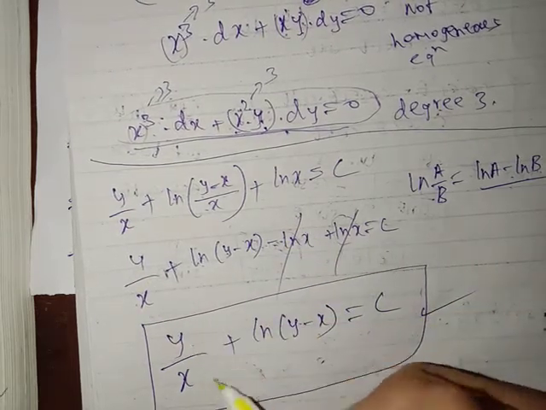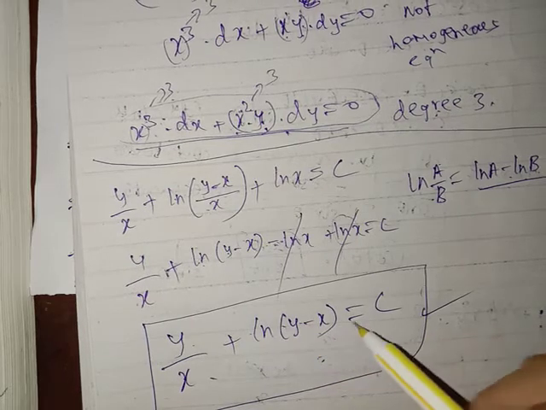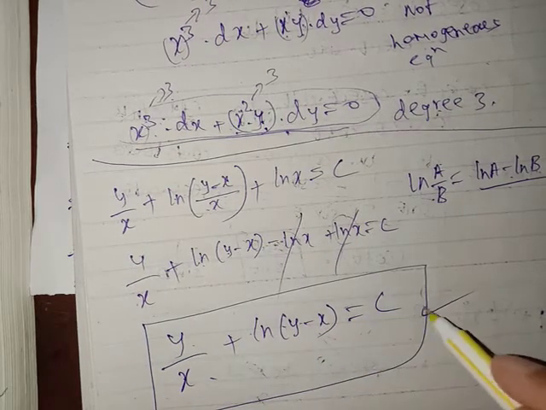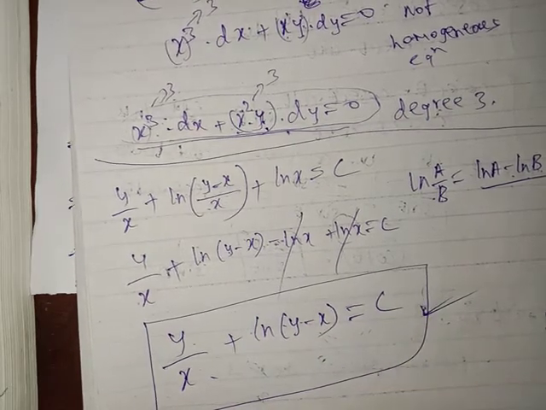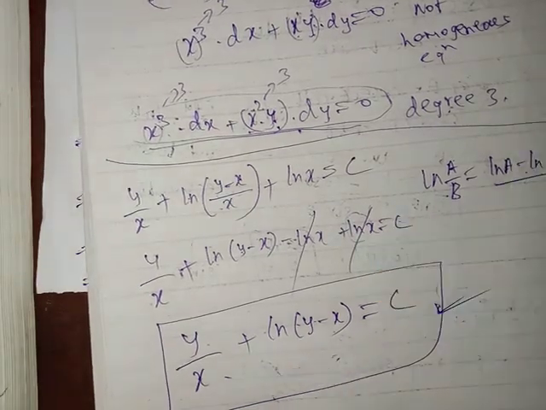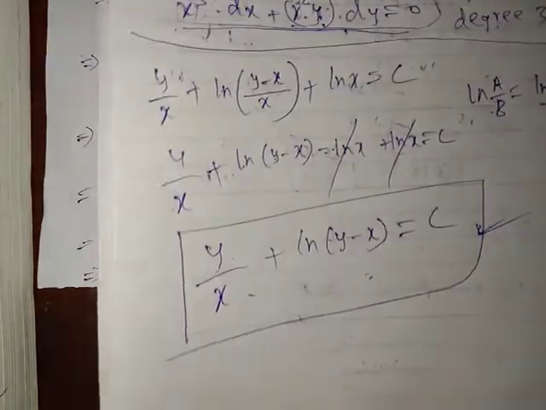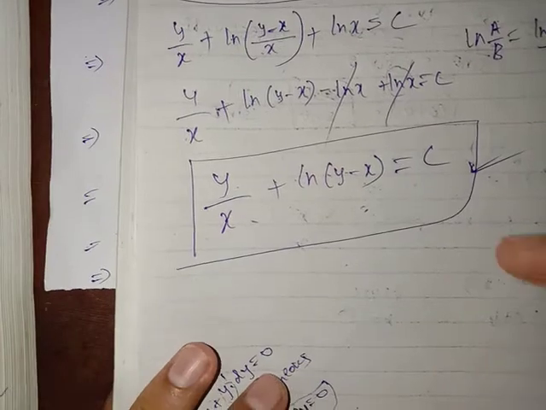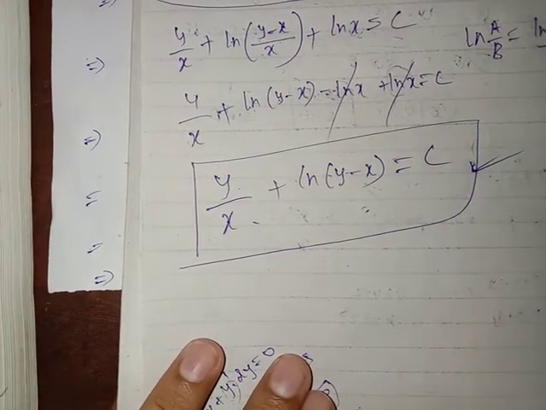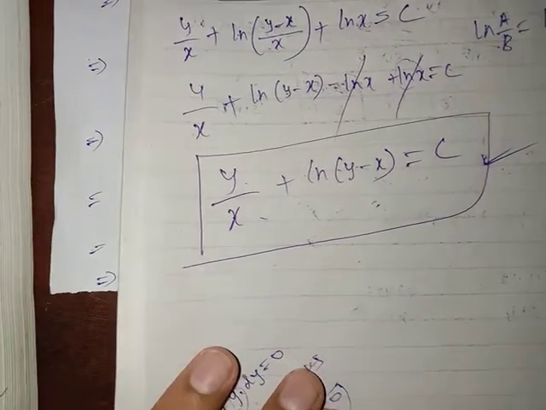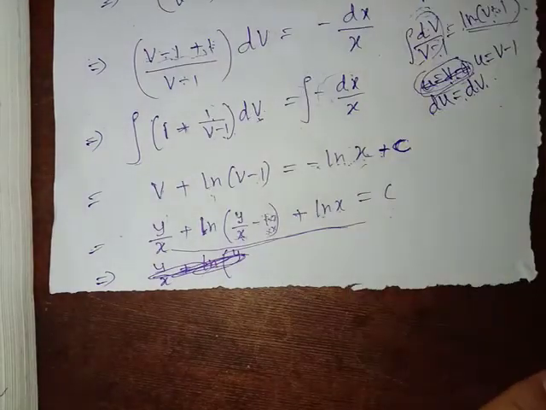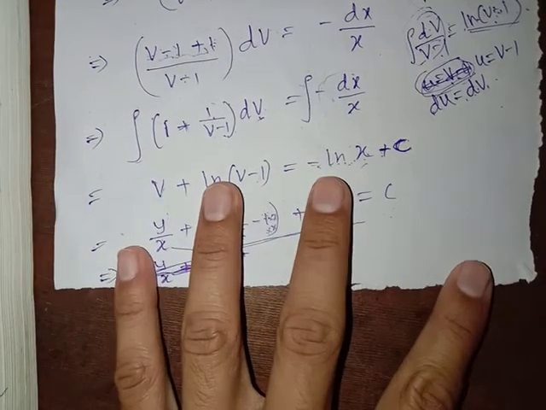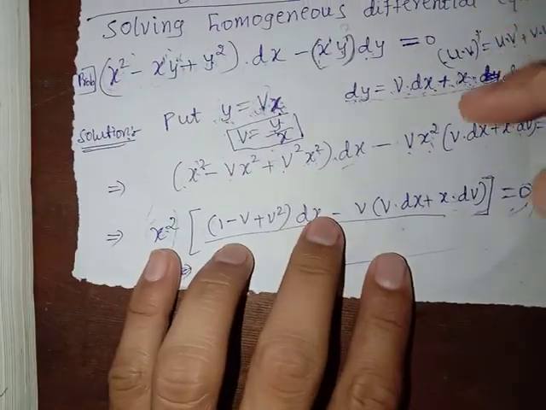So y by x plus ln of y minus x is equal to c. This is also a simplified solution for the given differential equation. This is the method to solve a homogeneous differential equation. So by this technique we can solve homogeneous differential equations.